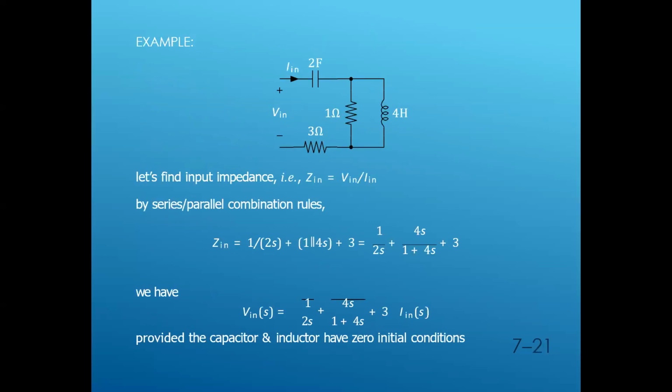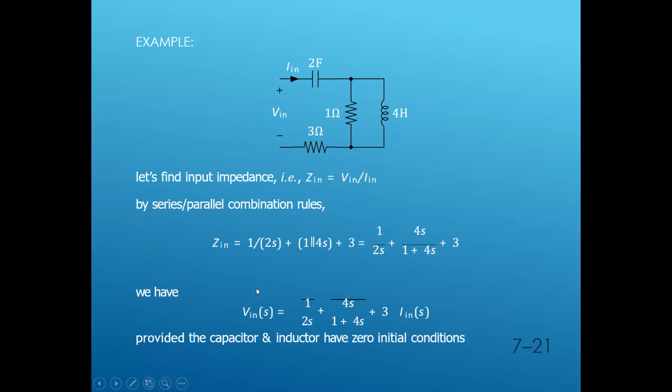Coming to an example where we have 4 henry inductor, a 1 ohm resistor, and a 3 ohm resistor, where the input is I of 2F. Let us find the impedance Z equal to V by I. By series and parallel combination rule, Z_in is equal to 1 by 2s plus 1 by 4s plus 3, which is 1 by 2s plus 4s by 1 plus 4s plus 3.